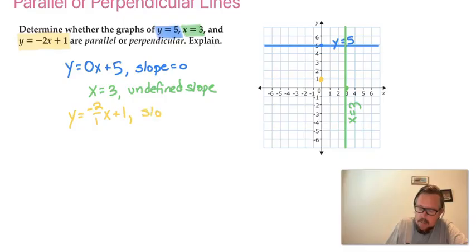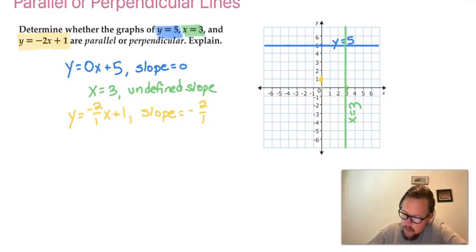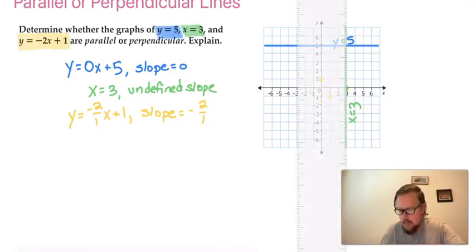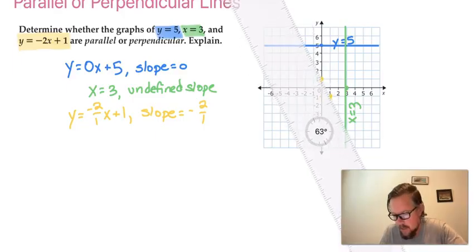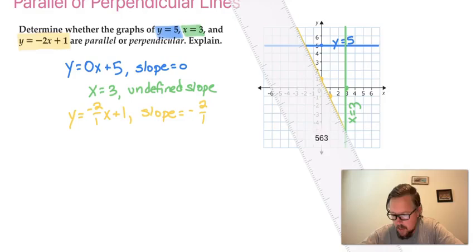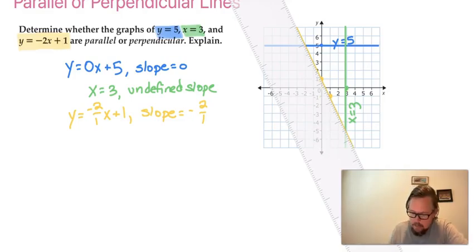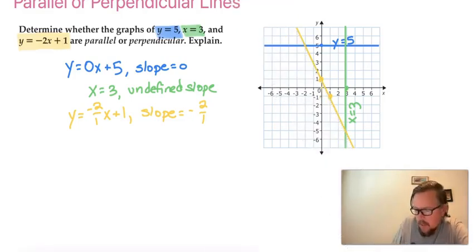It's got a slope of negative 2, or negative 2 over 1 if you prefer. So it means we go down 2 and over 1, and there's our second point. And there's our line. Y equals negative 2x plus 1.